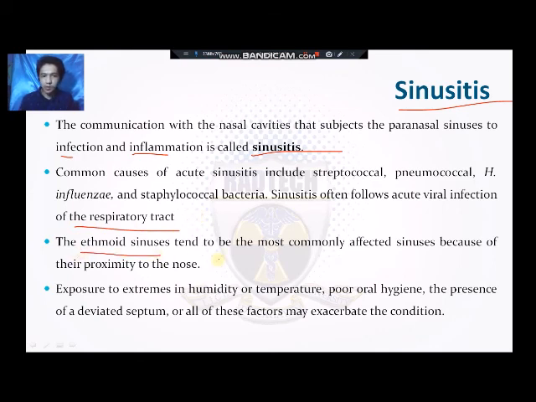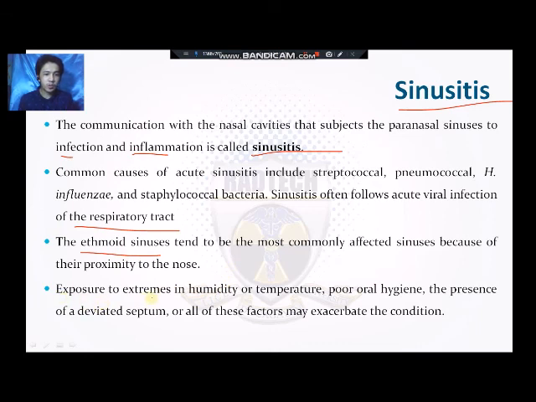The ethmoid sinus tends to be the most commonly affected sinuses because of its proximity to the nose. So, kani atong ethmoid sinus na diri likod sa ato ang nose bridge, no? Nadia dapit atong mga ethmoid sinuses nato sa naa sa atong ethmoid bone. Okay, so duol kaysa sa atong nasal cavity, so manang dali ra pod sad siya maapektuhan.